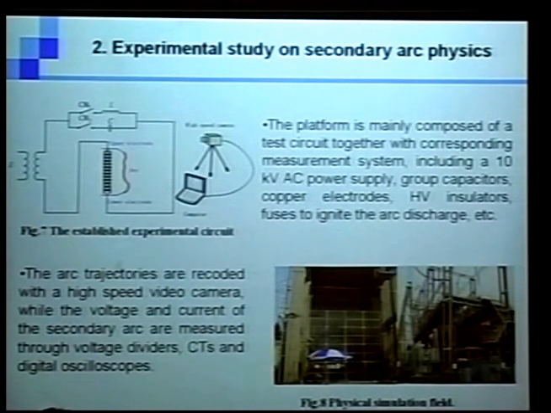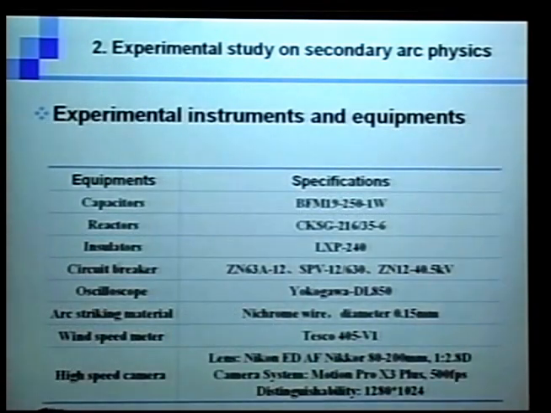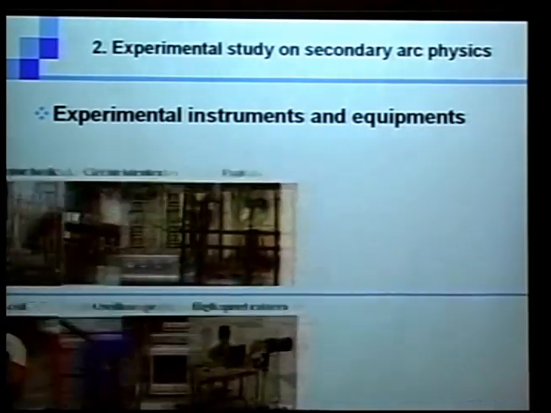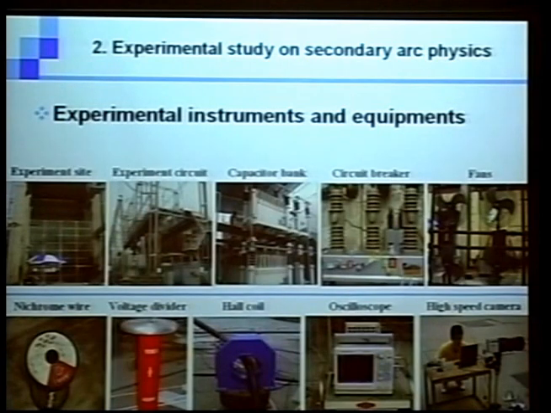That's the test site in our high voltage lab. Here are some experimental instruments and equipment. I don't want to name them one by one, so as not to waste time. Now here are the side pictures of the experiments that we have used.